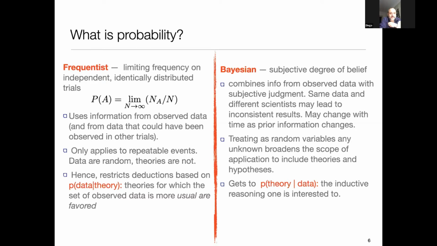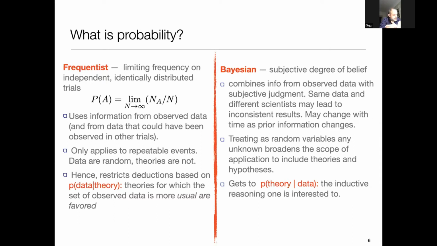You cannot define many trials for an event that only happens once. And if you cannot define many trials, then you cannot define your successes. And if you don't define your successes and the trials, you do not have a frequentist probability.